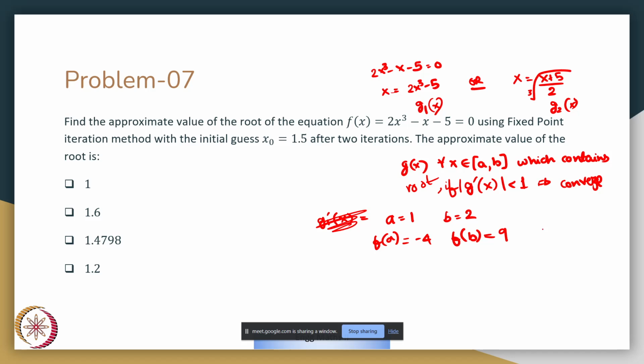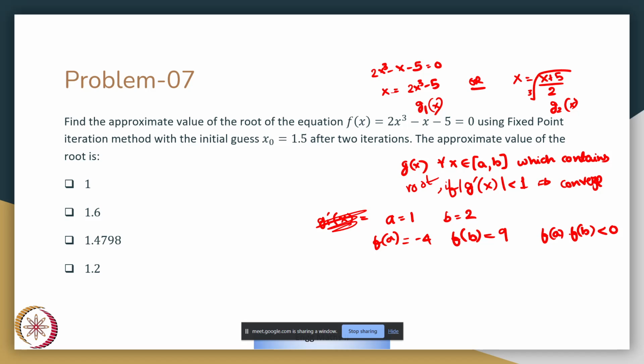So f of a into f of b is less than 0 and f is continuous on a to b, which gives me these two bounds 1 and 2 as my bound containing the solution.